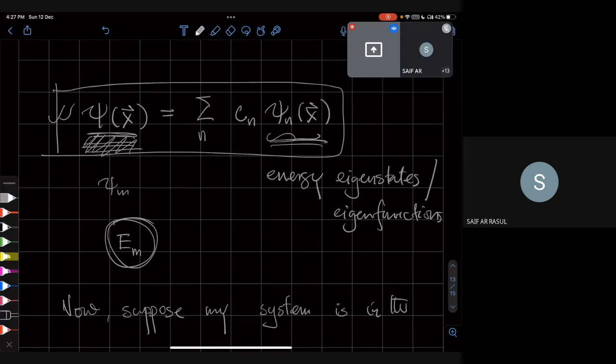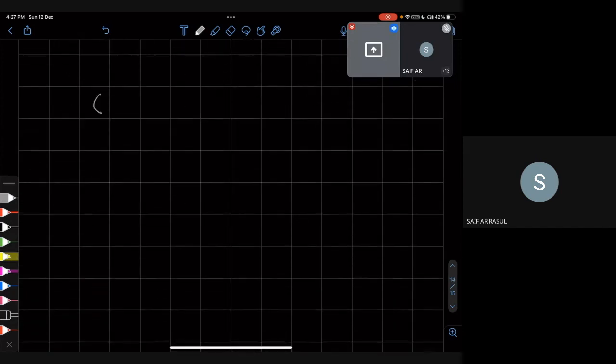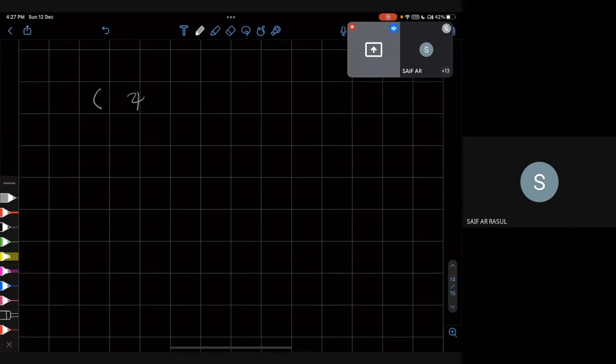So geometrically, this means that if I take the function psi and project it along the m direction, which is the interpretation of the inner product, then this is of course a complex number. So if I take the modulus squared of this, this is the probability that if I measure the energy, the result would be Em.